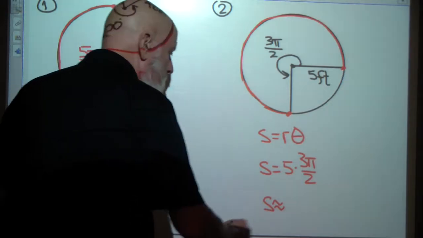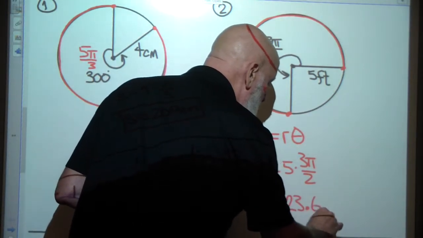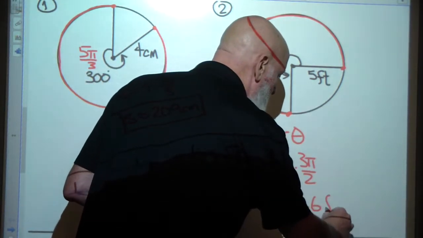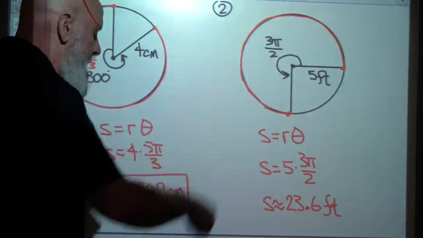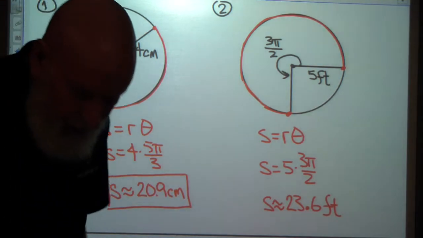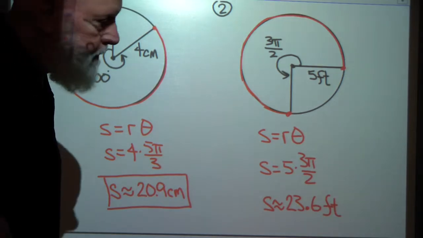Rounded to the nearest tenth, 23.6 approximately feet. That's the length of this indicated arc. If we were to cut that and straighten it out and measure it, it would be approximately 23.6 feet. And the key says 23.6, so yay, we're off and running.